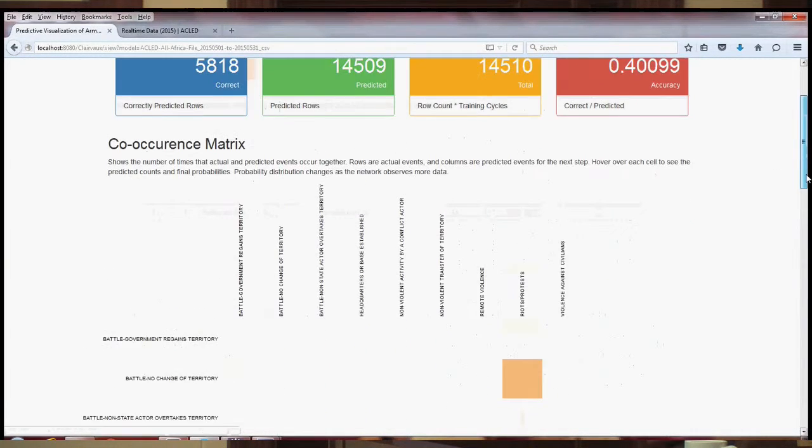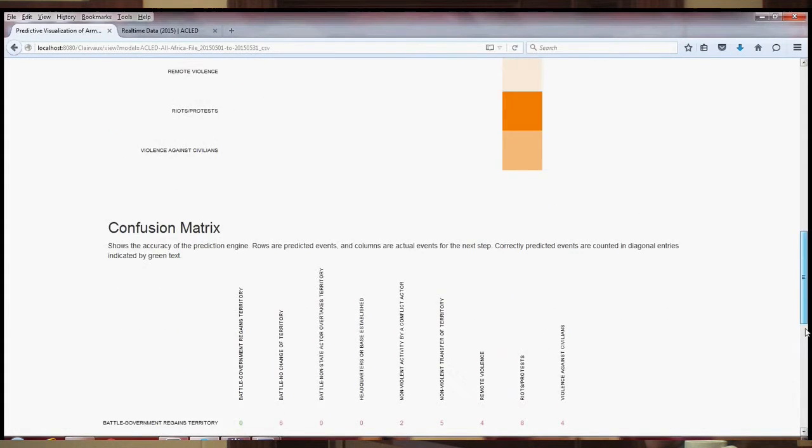And it's also possible that some of these events may be more or less random, so there's not really a pattern that could be used to make predictions about them. Or some events may have some pattern, but we just don't have the right features to make accurate predictions about them.